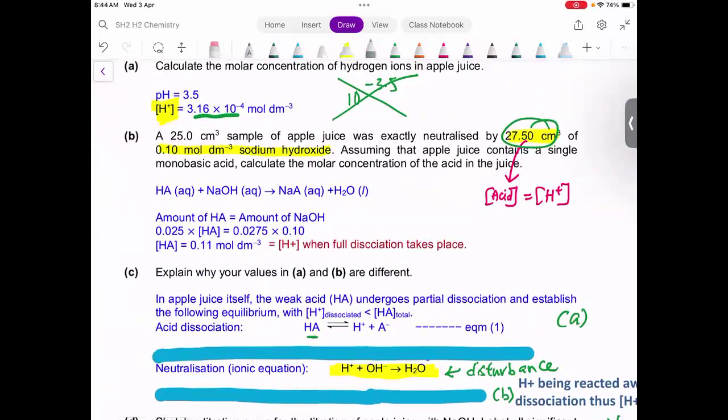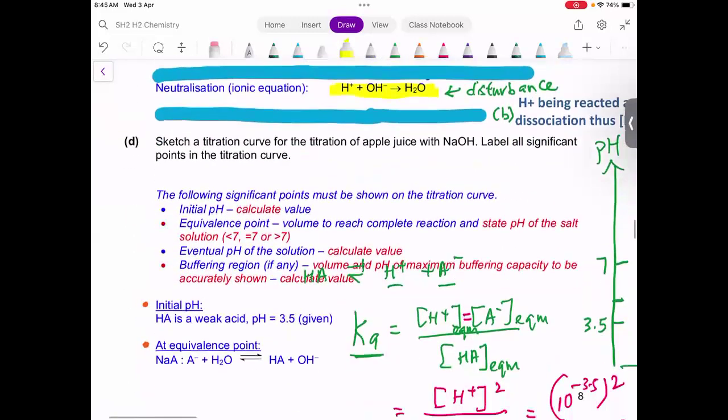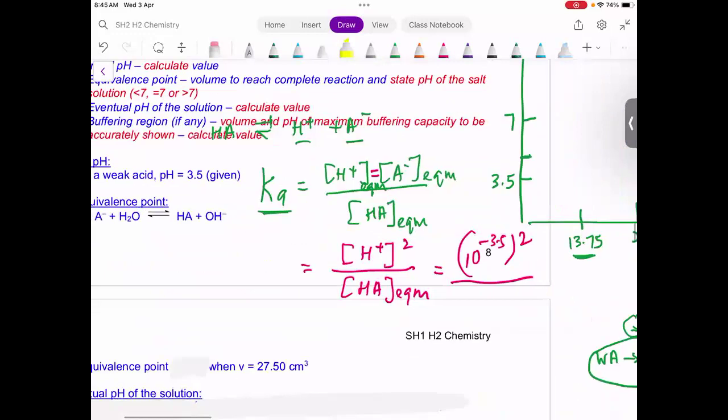This is the weak acid concentration, but this one is the initial, not at equilibrium. So how do you calculate the concentration at equilibrium? You subtract. In this case, the concentration of HA at equilibrium will be 0.11 minus 10 to the minus 3.5. With this, you can calculate the Ka value.